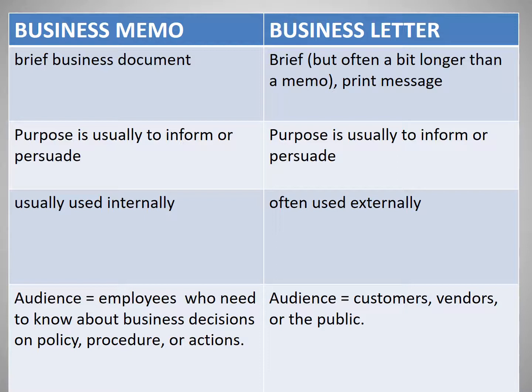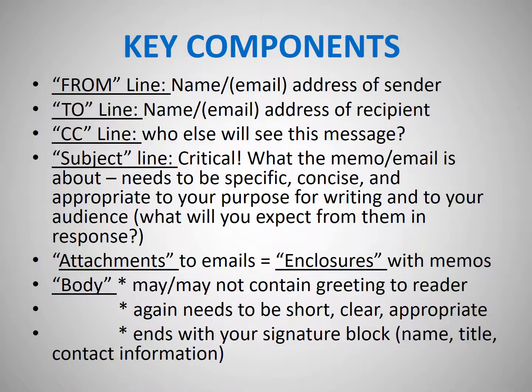And your audience, therefore, is going to be other employees who need to know about some decision that's been made, some policy, some procedure, some action. All right. So there's your purpose and audience that you keep in mind through your planning process to guide what you're going to say. Then when it comes to organizing the information, you focus on the key components of a business memo.